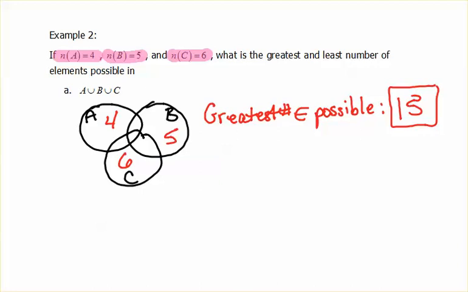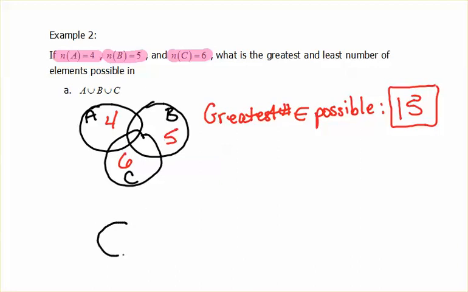Now, for our least number of items, well, here I hope we had to do some thinking. If for some reason these didn't necessarily just overlap, but what if they were concentric circles?